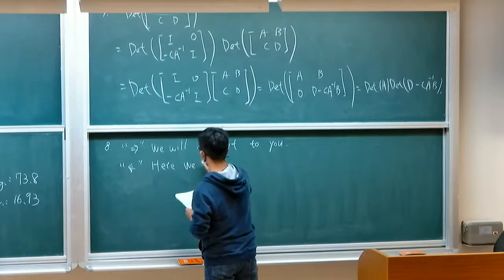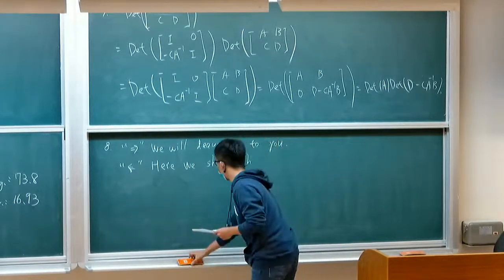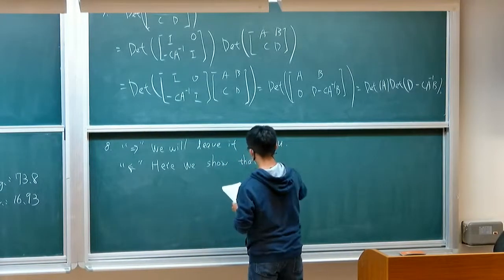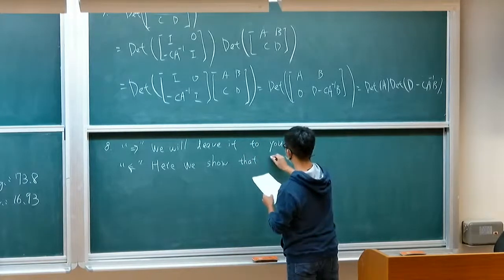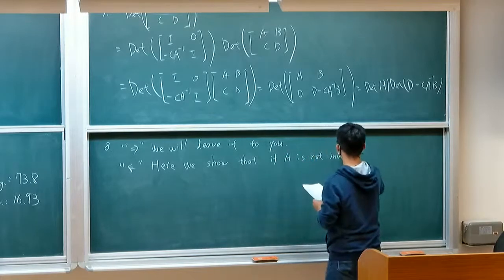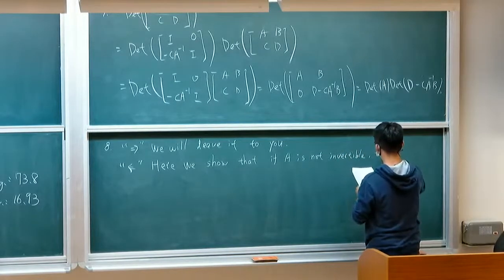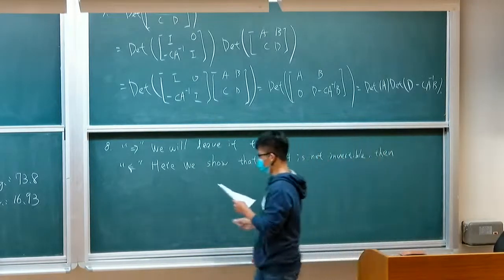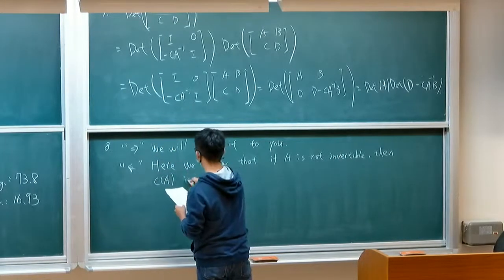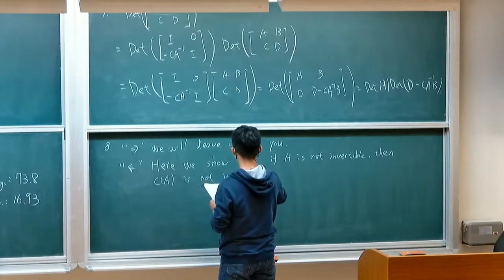Here, we will show that if A is not invertible, then A's cofactor matrix is also not invertible.